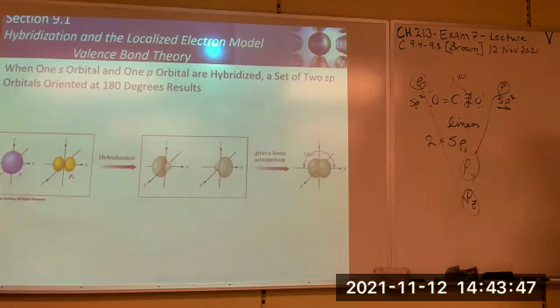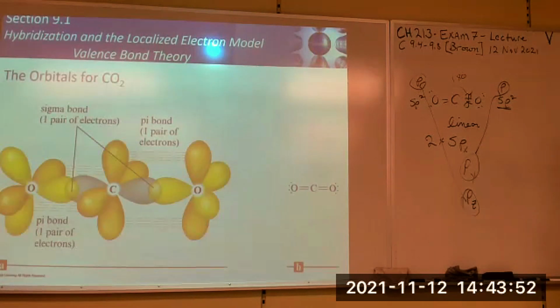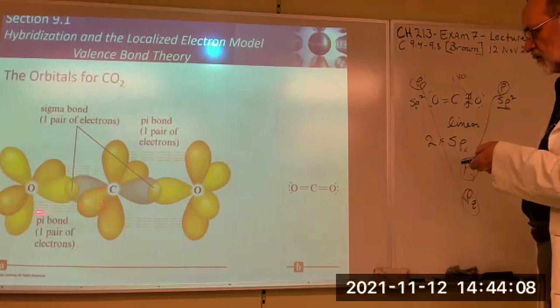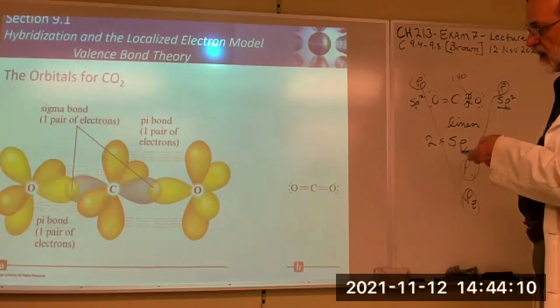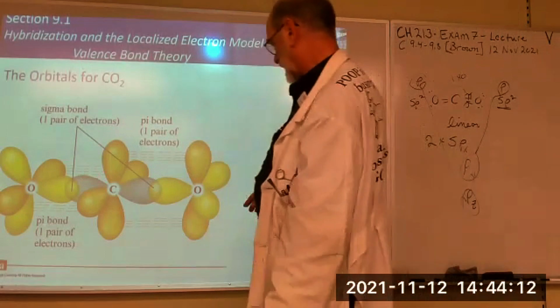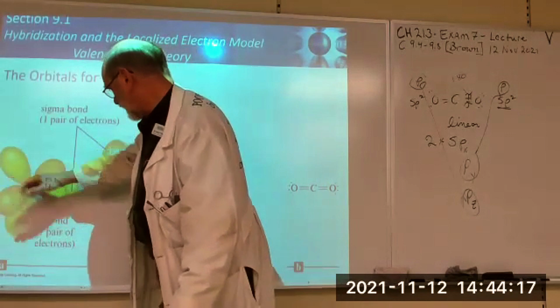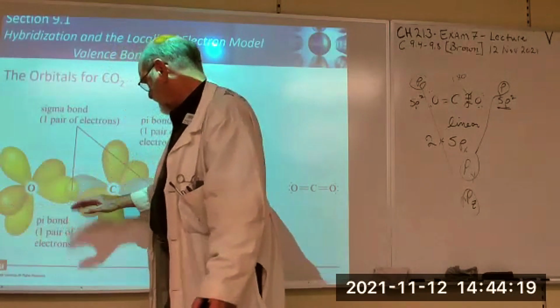There you go. That's what an sp hybridized orbital looks like. So there's your pi bond overlap here. This one with that one, this one with that one. Actually, the best way to represent that would be, this would turn a little bit, so that one would be in line with that one.